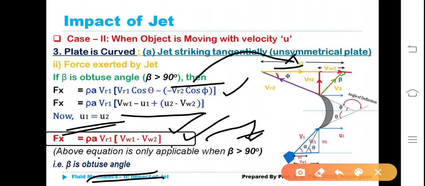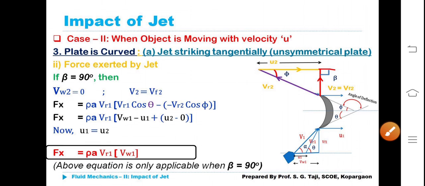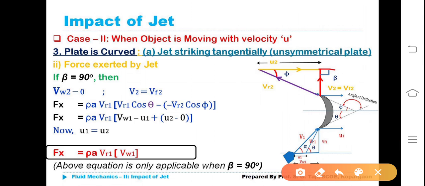Therefore, we can write the general equation in general. Okay, we will consider the third one also. If beta is equal to 90 degrees, you see the figure. Beta is made 90 degree here. All of you can understand from the velocity triangle. This is inlet velocity triangle.